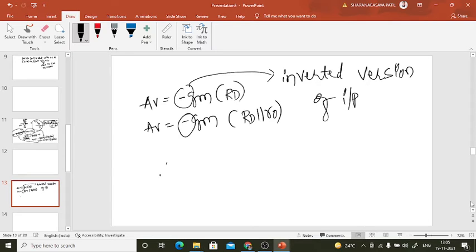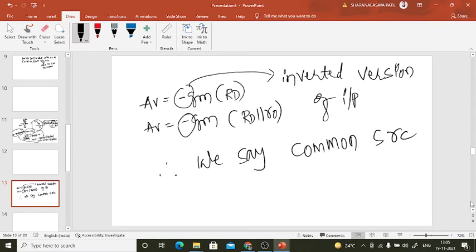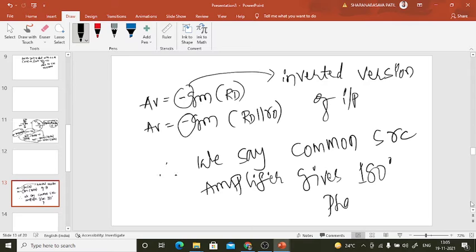That's why we say the common source amplifier gives a 180-degree phase shift.